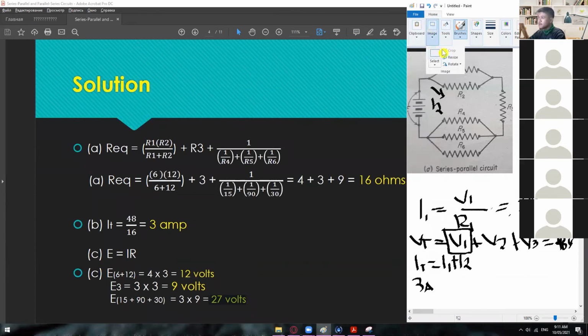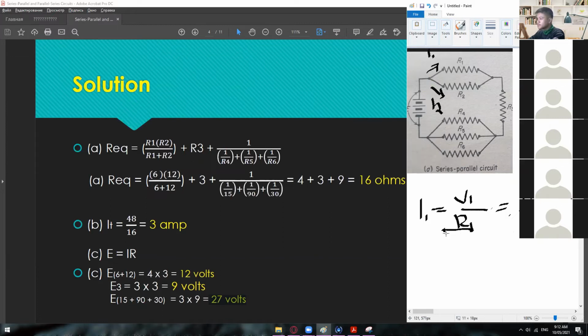So in here, instead of 48 volts, we have 12 volts. So 12 divided by 6 is equal to 2 amps. And then for the I2, we have here V2 divided by R2.